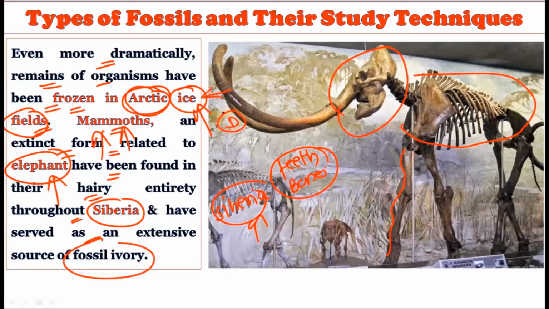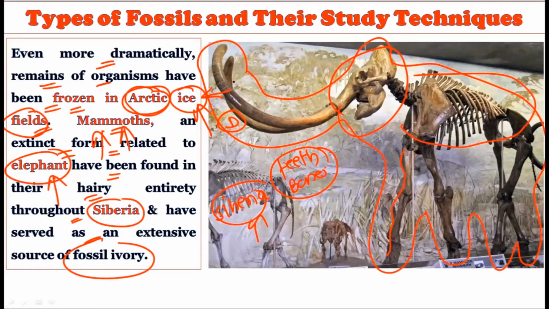Ice is always preserving things, as we know from our refrigerator examples, right? We have in our homes a refrigerator, and it tends to preserve the material. On similar lines, these mammoths got preserved in the Arctic ice, and they have remained as they are over millions of years. So the intact form of an organism, a mammoth, a form of an elephant, was found in the Arctic ice.